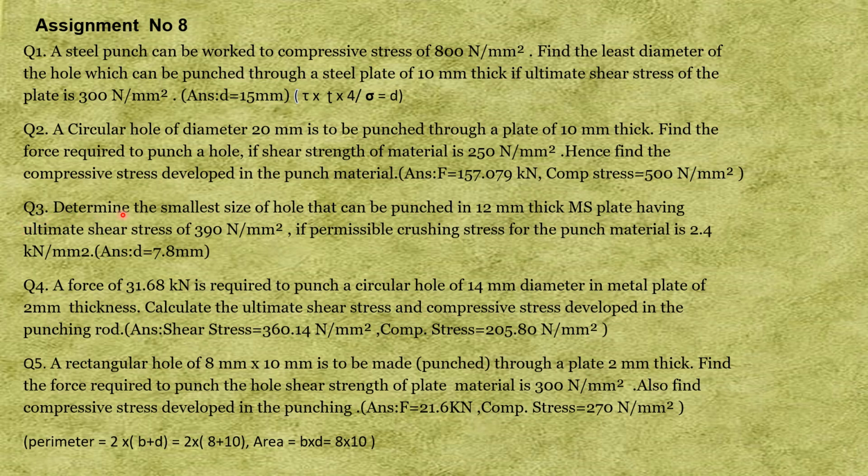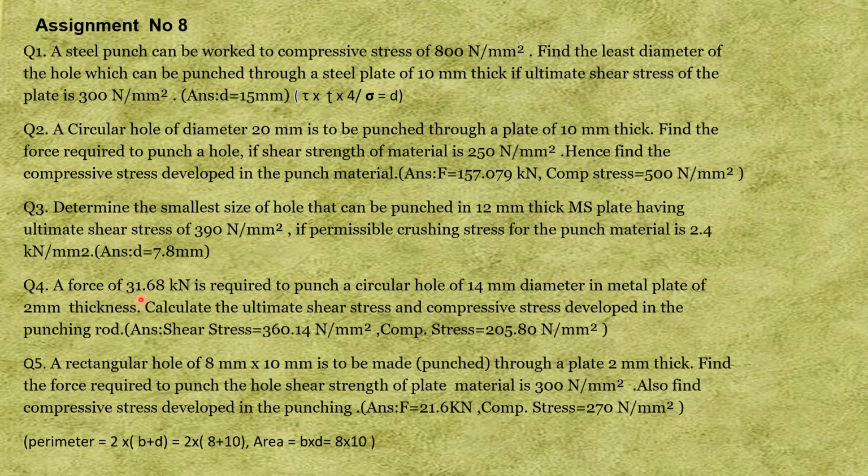Question number 3. Determine the smallest size of hole that can be punched in 12 mm thick MS plate having ultimate shear stress of 390 Newton per mm square if the permissible crushing stress for the punch material is 2.4 kilonewton per mm square, and the answer is D is equal to 7.8 mm. Question number 4.